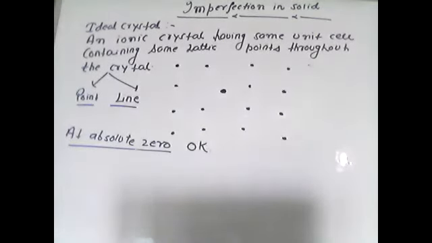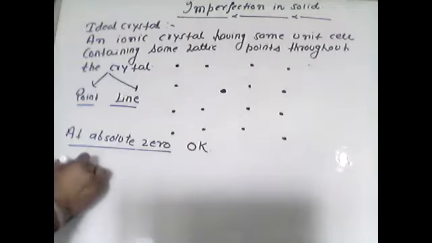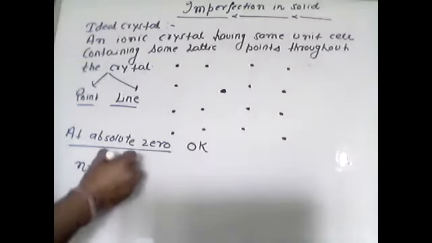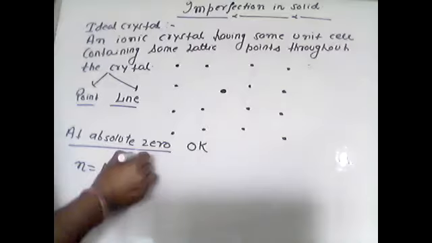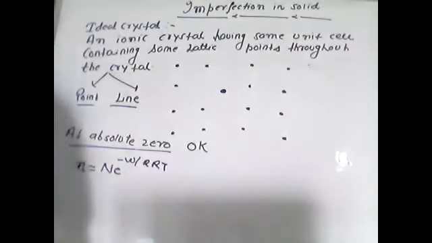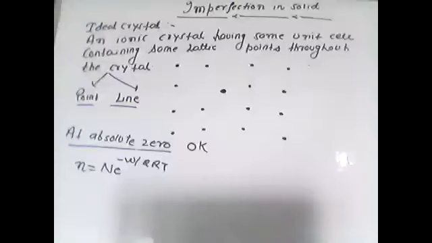And one formula I will give you, how it is related. It is small n is equal to capital N e raised to the power minus W by 2RT. This formula is not there in NCERT. No need to prepare it. You will not get any numerical based on it.